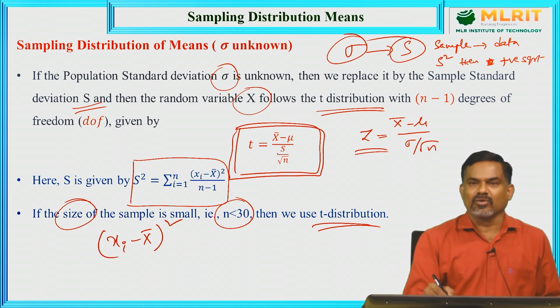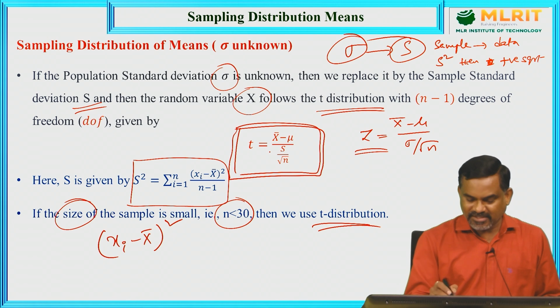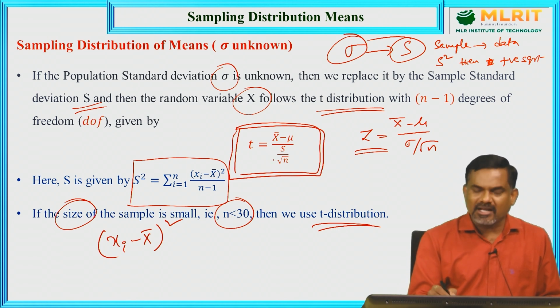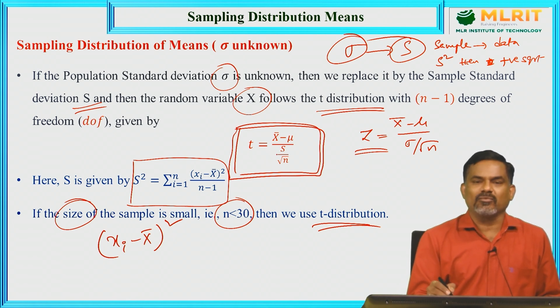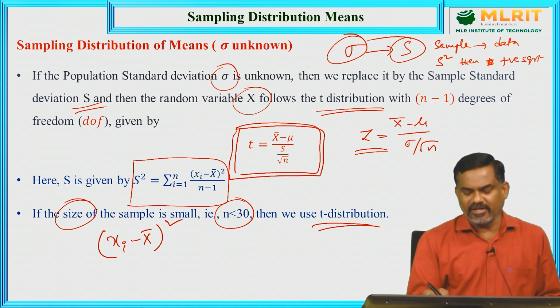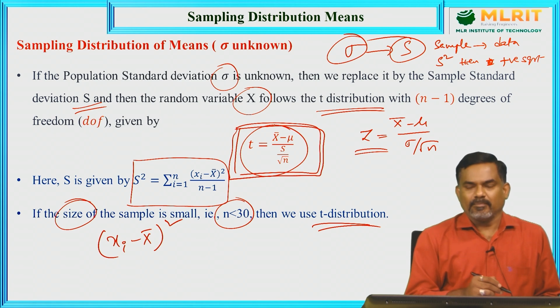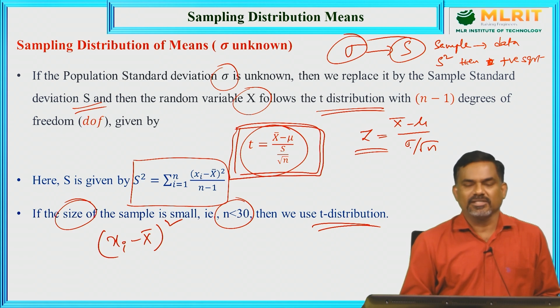But if the sample is small, the sample data will be given. So using the given data, we can calculate the variance, from that we can find the standard deviation, and we can use that in this formula. But the particular case is, for small samples we use the t distribution, and for large samples we use the z distribution.